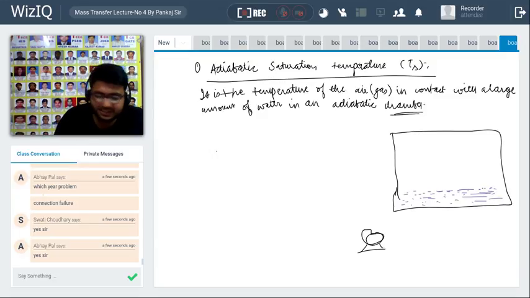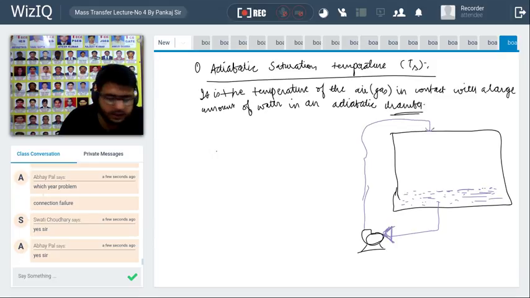So let's take that. This is water. It will get inside the pump, so it will be pumped back into the system from here.